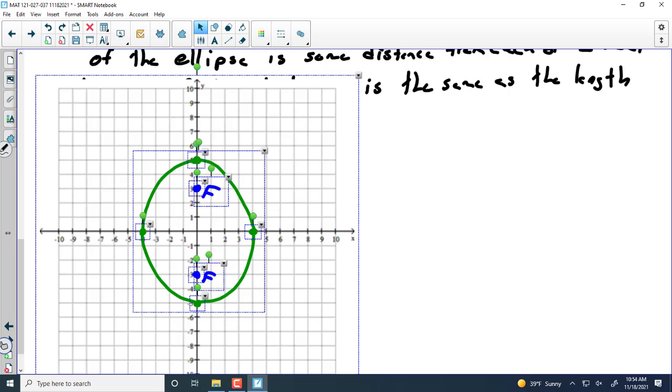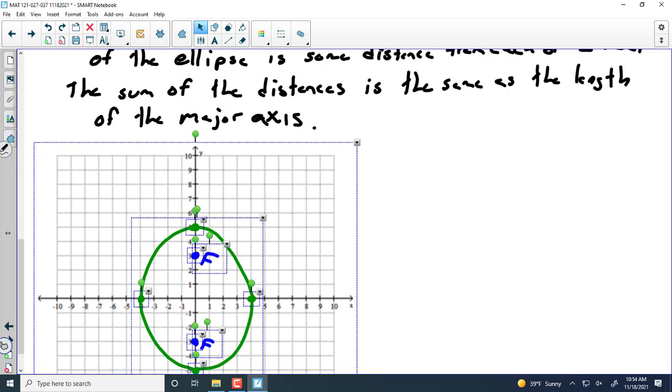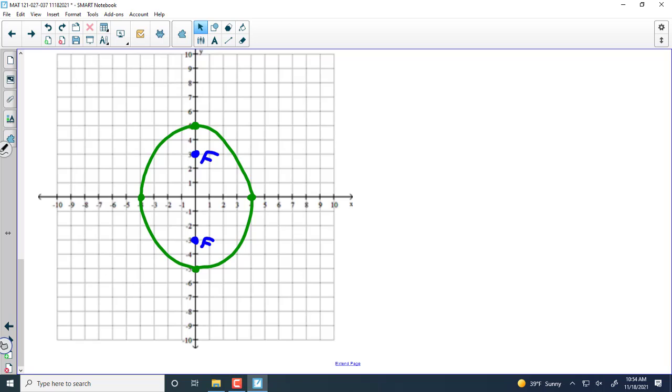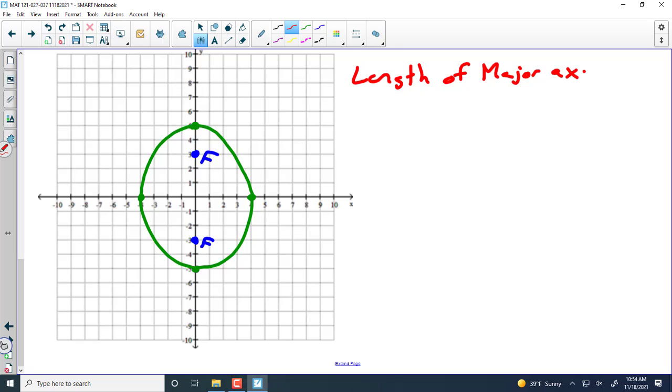Oh, I did keep my grid. Superb. All right, everyone, watch this. What is the length of the major axis for this ellipse? 12. No, sorry. 10. That's okay. 10. All right, now watch this, everyone.